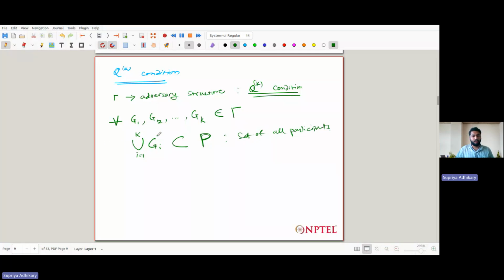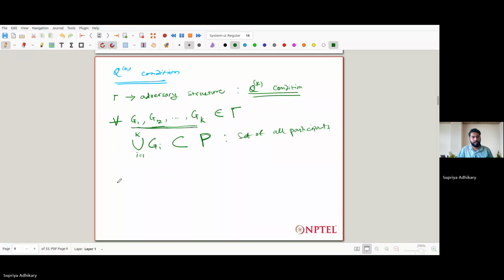Okay, so G1, G2 up to GK are basically some randomly sampled sets from gamma. If we take any k many subsets of gamma, then the union of those k many subsets must be a proper subset of P. If this is true for all k many sets of gamma, then we can say that this adversary structure gamma satisfies the QK condition.